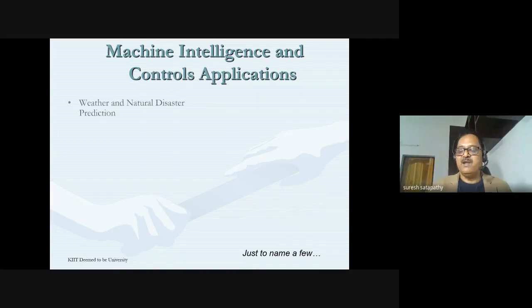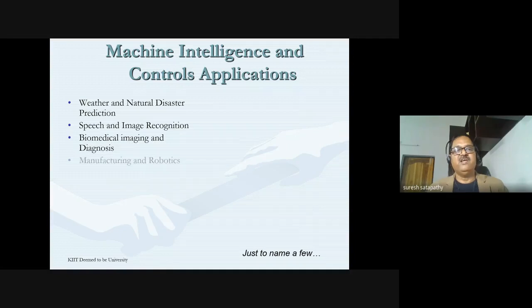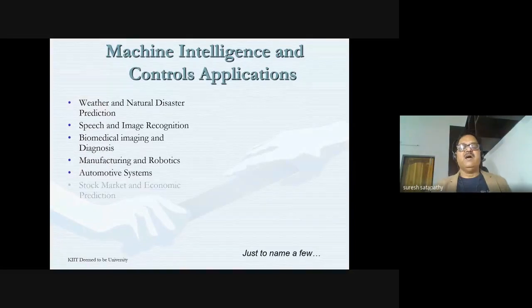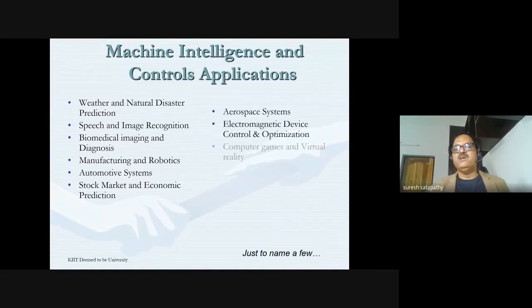Now, where can I apply my decision science system? In weather and natural disaster prediction, speech and image recognition, biomedical engineering and diagnosis, manufacturing of robotics, automotive systems. See, I can just go on: stock market, economics, aerospace, electromagnetic devices, computer games and virtual reality, genomics and bioinformatics, agriculture, industrial.